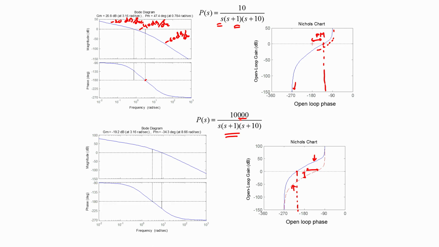As a consequence, a closed loop system with this as the open loop transfer function is unstable. So the gain margin and the phase margin information can be gleaned from a Nichols plot just as we can glean it from the Nyquist plot or the Bode plot.